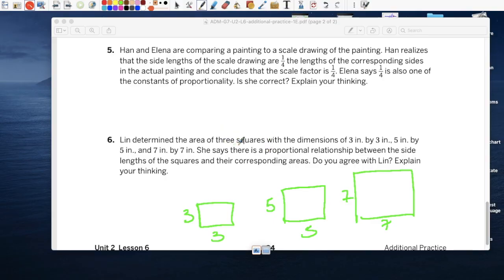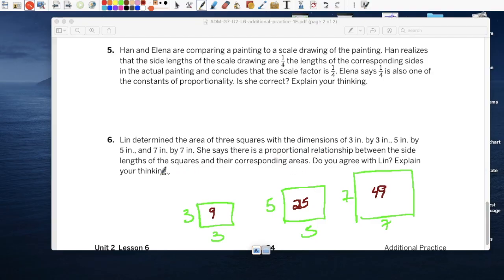She said there's a proportional relationship between the side length of the squares and the area. The area of this one is 9. The area of this one is, sorry, not 15, 25. And the area of this one is 49.